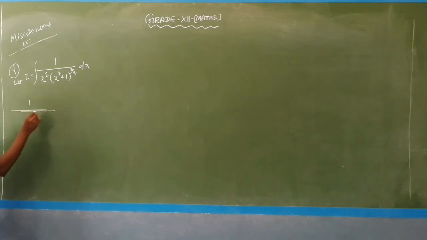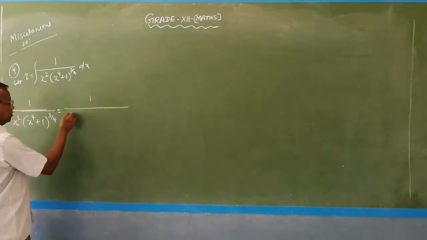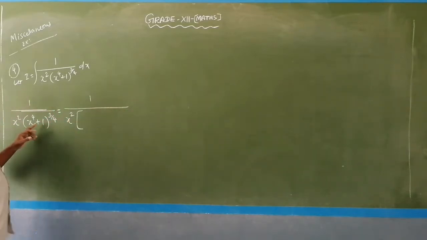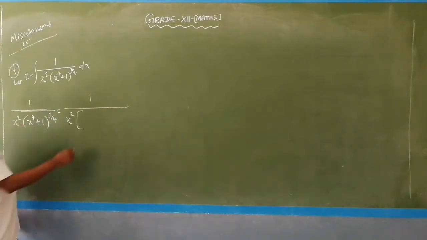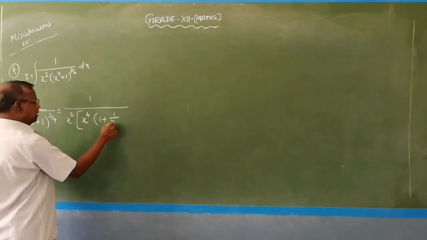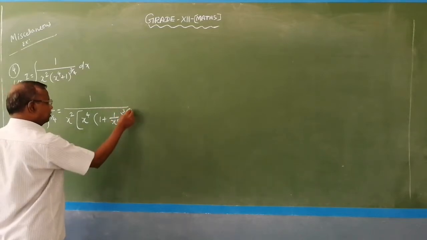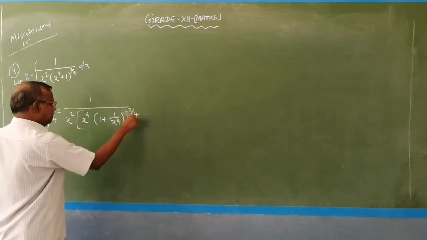That is 1 by x square into x power 4 plus 1 whole power 3 by 4. Take out x power 4 as common: x power 4 into 1 plus 1 by x power 4, whole power 3 by 4.